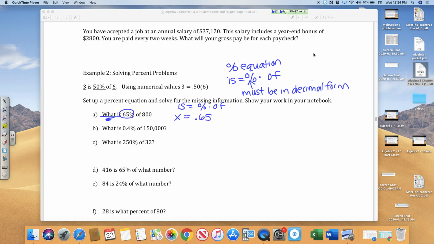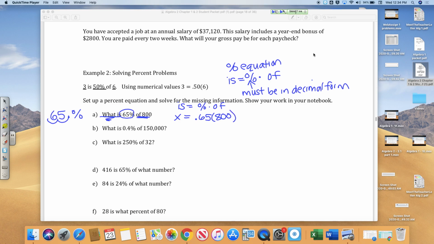To do that, you take the percent sign, wherever the percent is. If there's already a decimal in it, then you move it 2 spots to the left. If there is no decimal, we know there's an invisible decimal point right there. You move it to the left twice, and it becomes 0.65. And then we multiply this by the number closest to the word of, and that's 800.